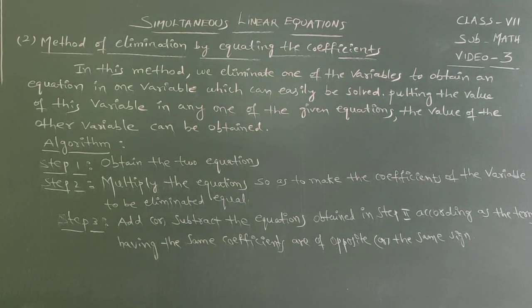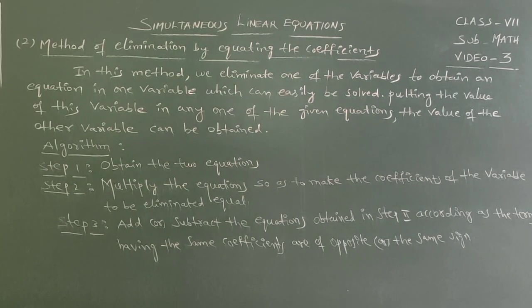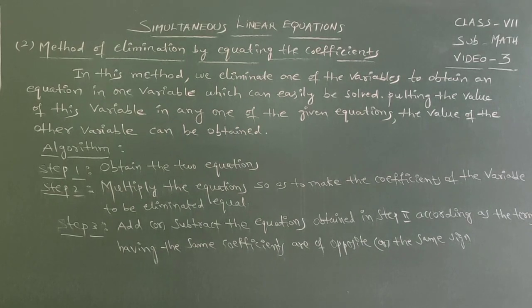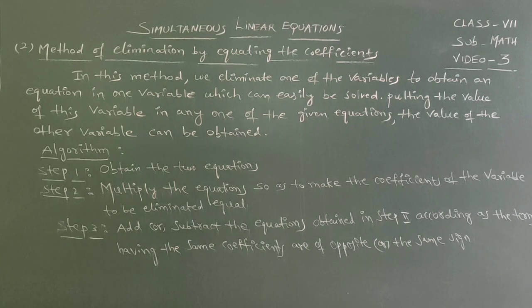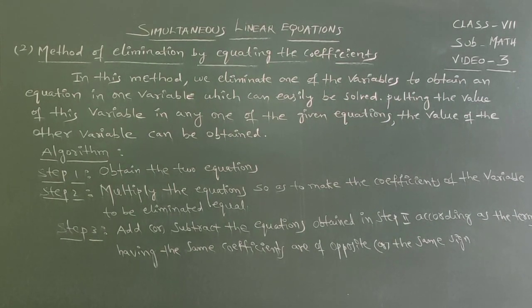The first one is the method of elimination by substitution, that is yesterday's. Today, the method of elimination by equating the coefficients, and another one, the method of cross multiplication.